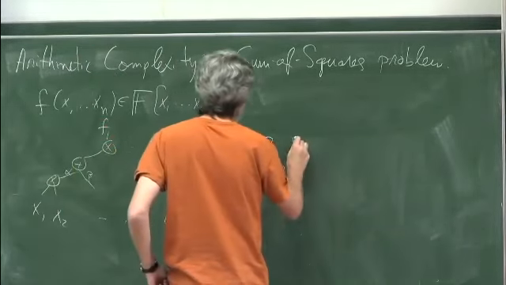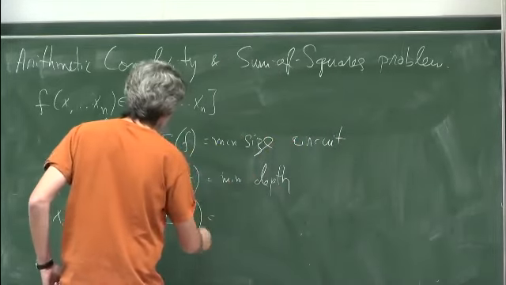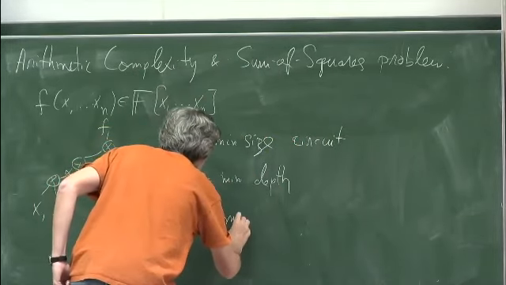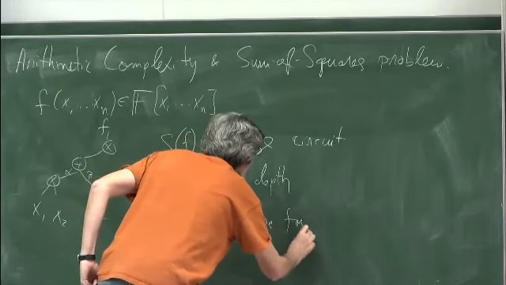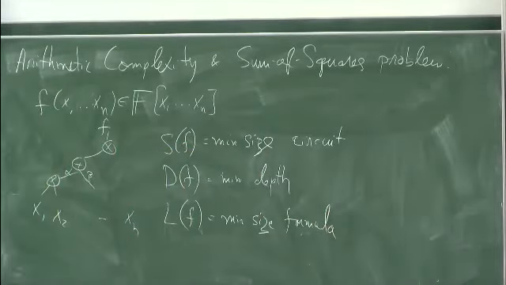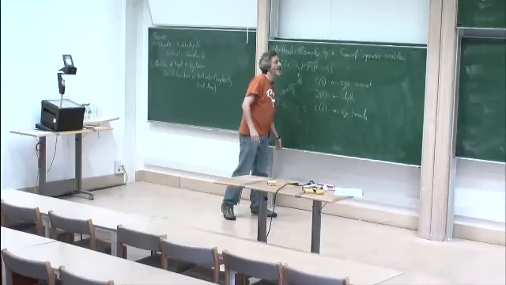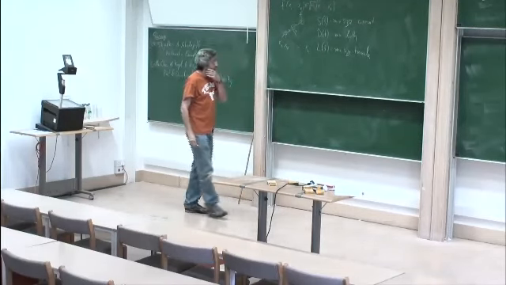So that's a minimum size circuit for a function, and this is a minimum size formula. Formula is just a tree. And we discussed a lot of open questions and a few basic results.